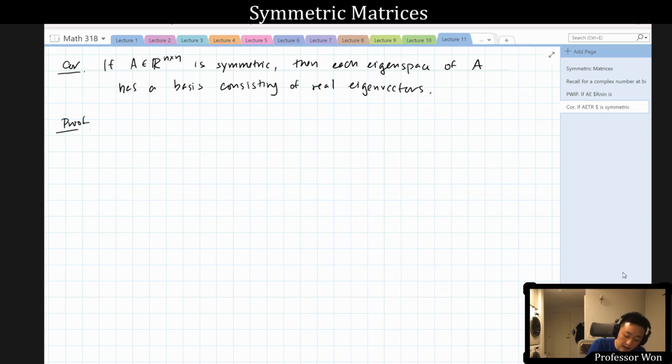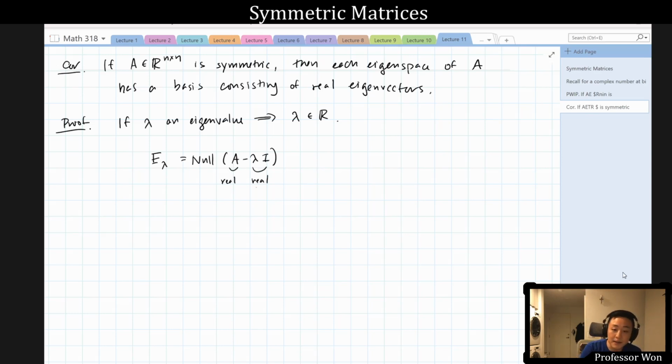Why is that? If lambda is an eigenvalue, then we just saw that lambda is real, so lambda is in R. But then if you consider the eigenspace, this is just the null space of A minus lambda I. Now this is a real matrix, because lambda is real.